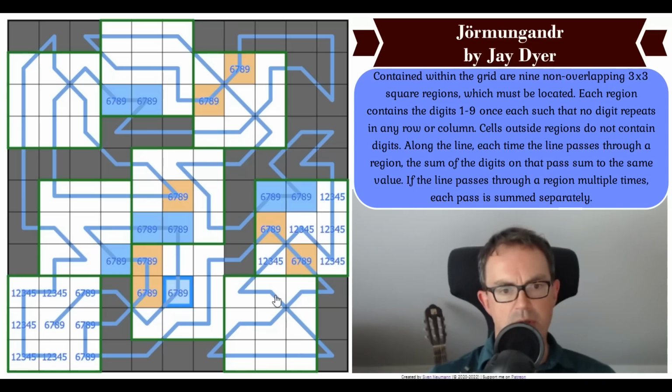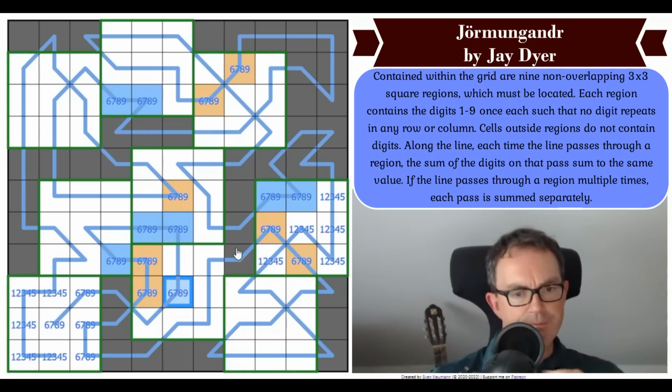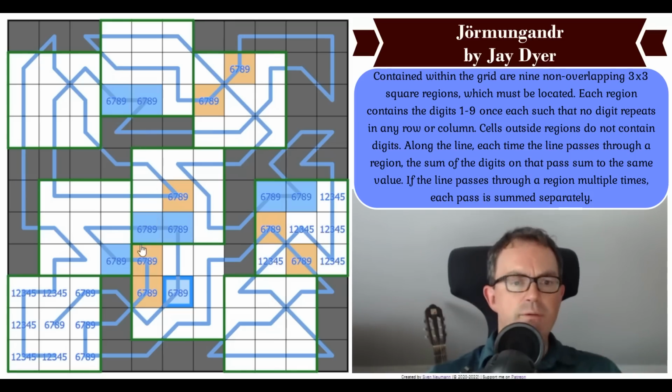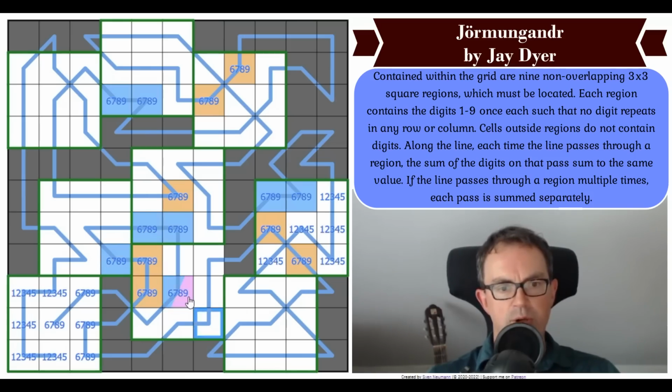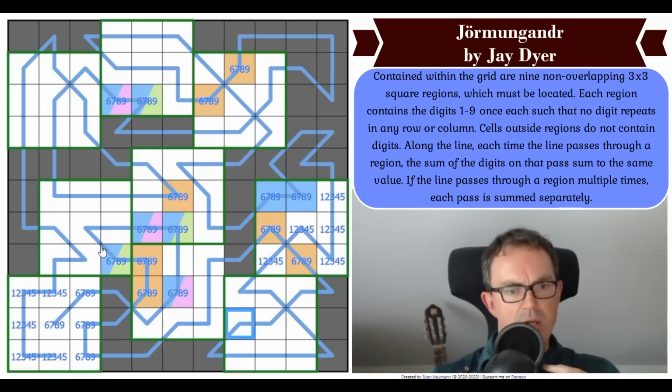So now I feel like I want to know how these blues relate to each other. So if I make that blue purple flash, you can see that's the same as that, that's the same as that, that's now not the same as this. So those 3 can all have a green tinge. And now I know that there is a purple in one of these.